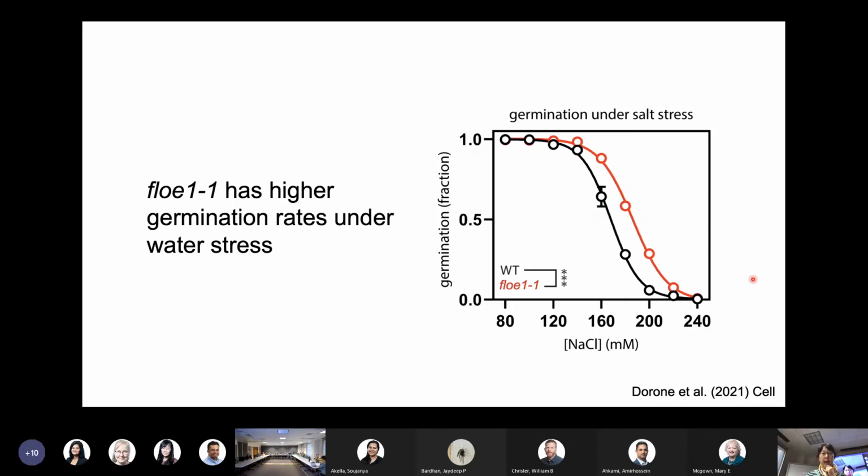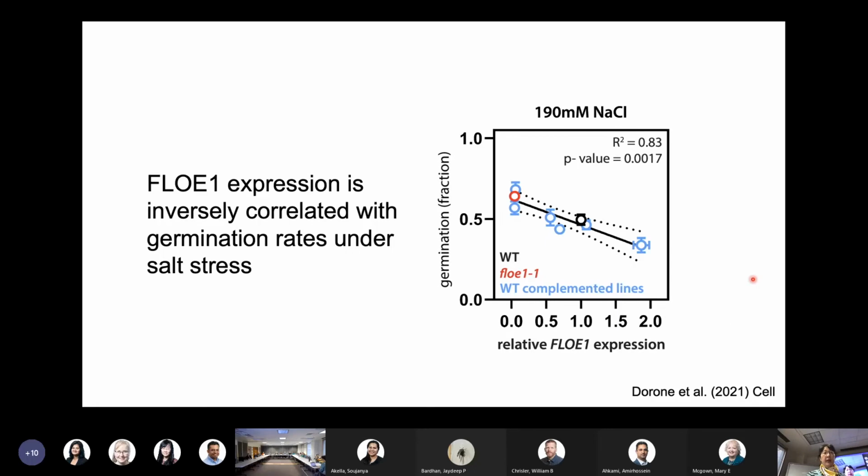And then what was really interesting was that the amount of the FLO1 protein seems to correlate with this ability of the plant to germinate under low water potential. Each of these circles represents lines that have different amounts of FLO1 protein.